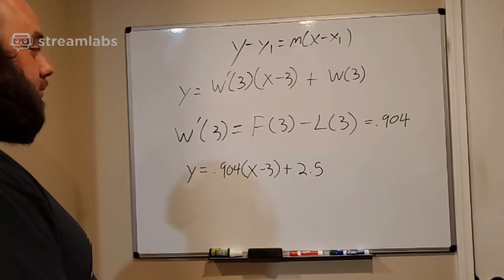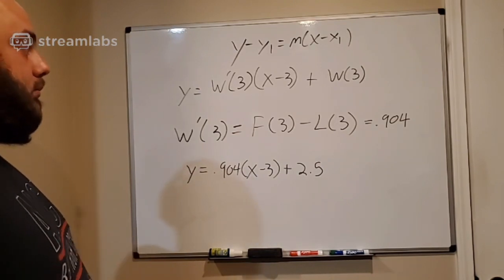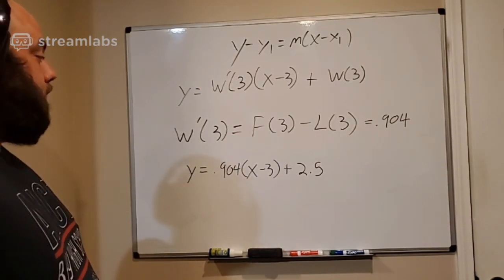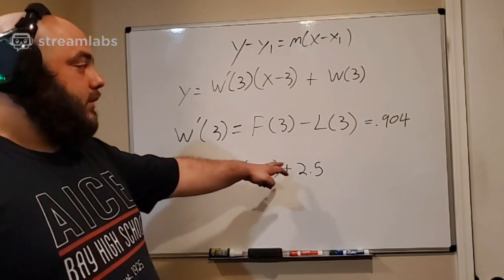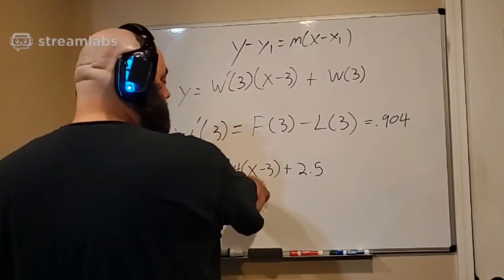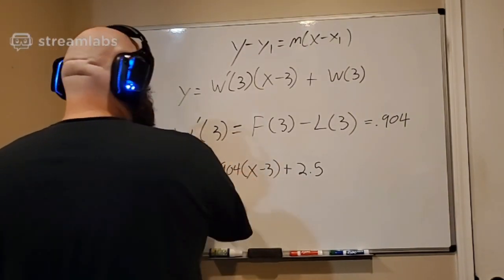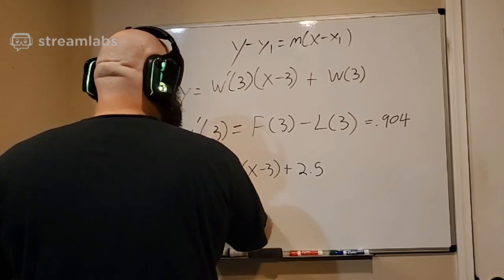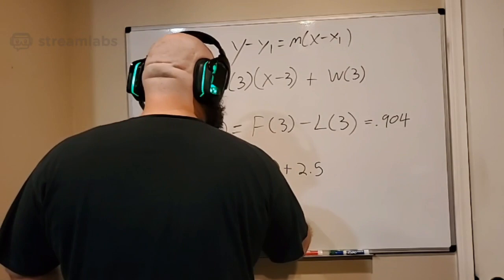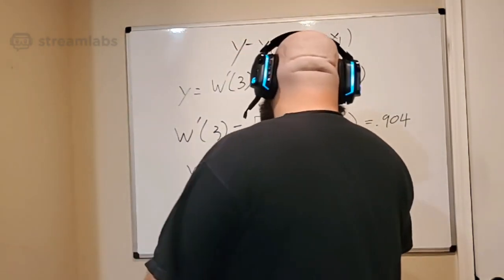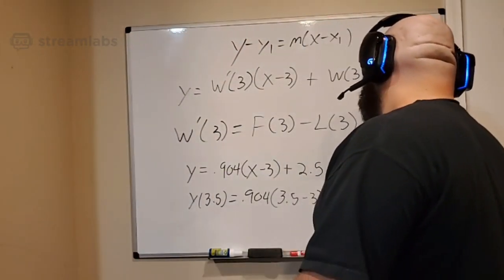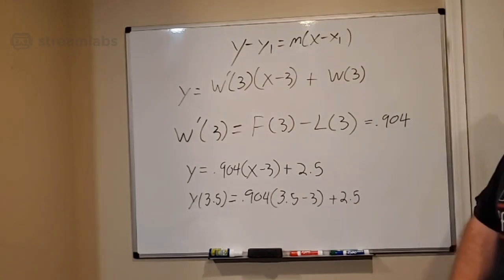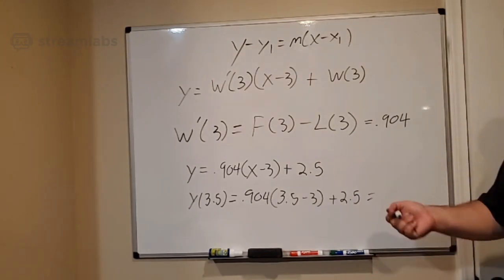So they want it when time, this really should have been a t, but it doesn't matter, is 3.5. So you just literally plug in. So y of 3.5 is equal to 0.904 times (3.5 minus 3) plus 2.5. And whatever that equals is that number I gave you a minute ago, which is 2.952.